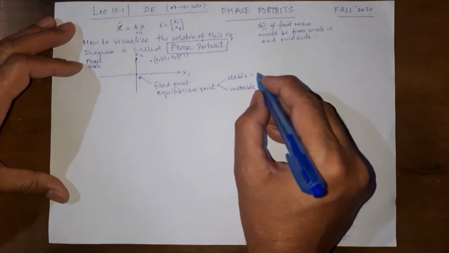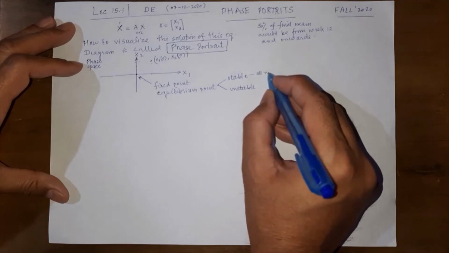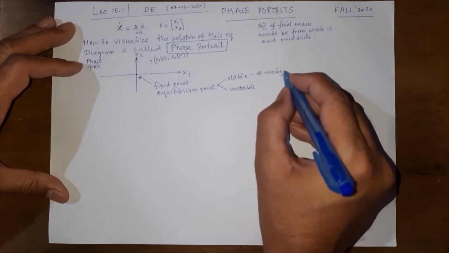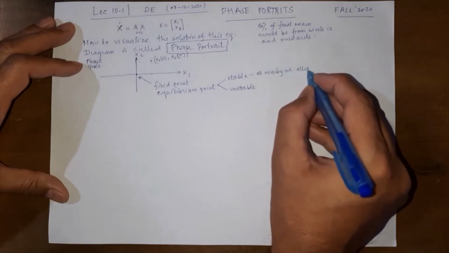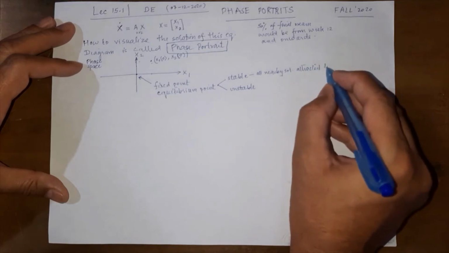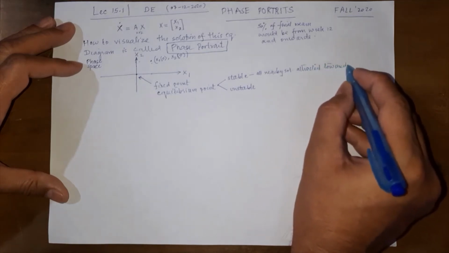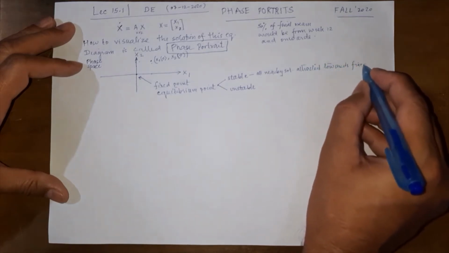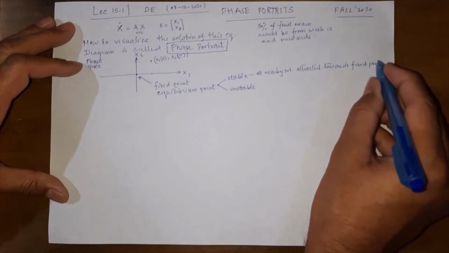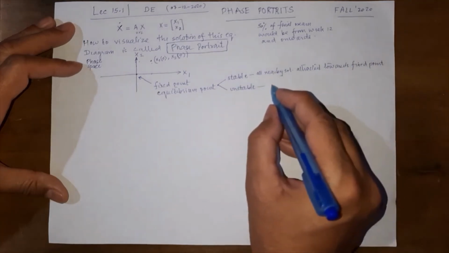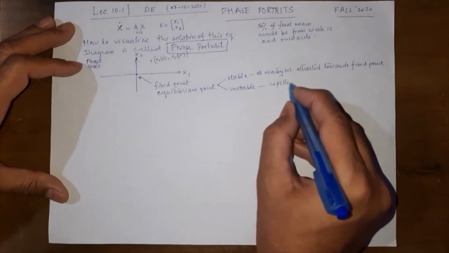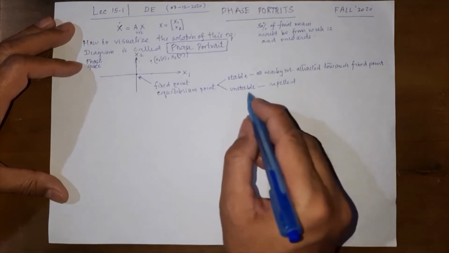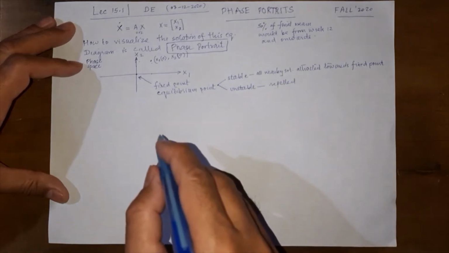So let me just write for your remembrance: if all nearby solutions are attracted towards the fixed point, then we say it is a stable one. And if, on the other hand, they are repelled, then it is known as an unstable point.